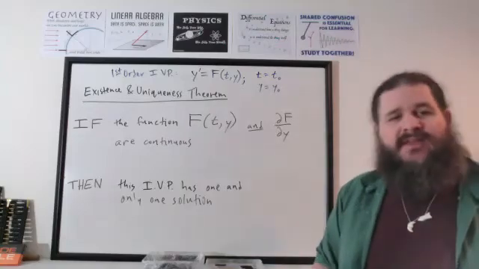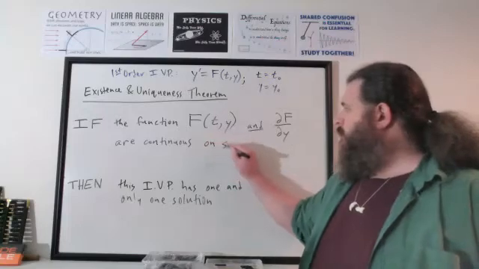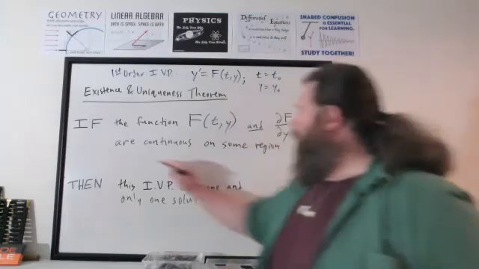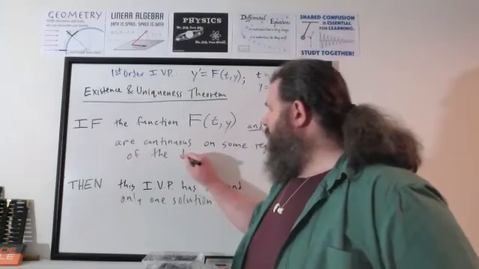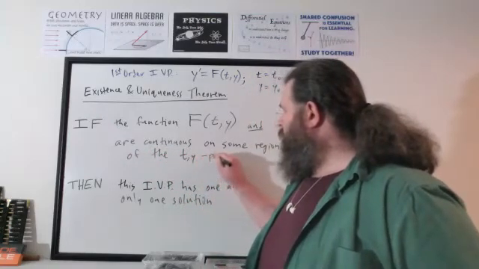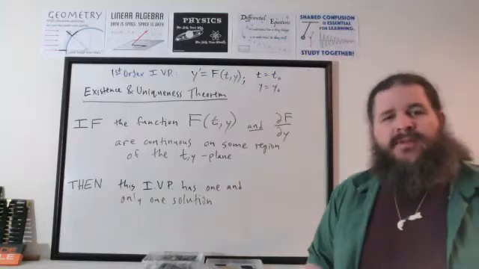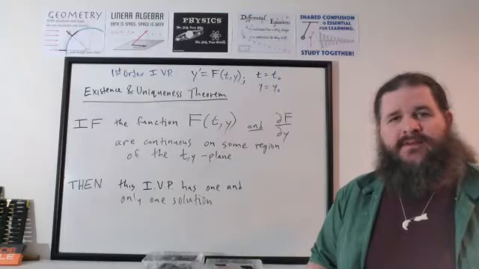It doesn't have to be continuous everywhere, they just have to be continuous on some region of the ty plane. So in general, they don't have to be continuous everywhere. We just have to be able to establish some region where they're continuous.